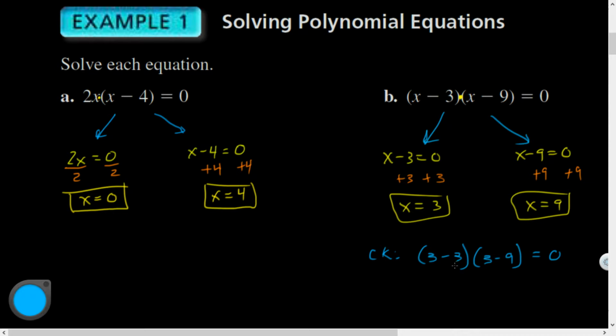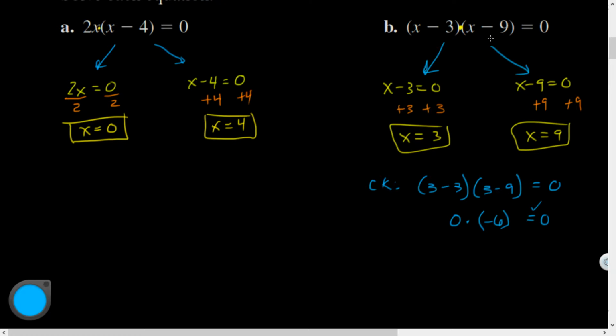What is 3 minus 3? That's the 0. So I was saying that this entire thing was equal to 0, not that x was necessarily equal to 0. x was just whatever number it took to make this set of parentheses equal to 0. And 0 times negative 6 is in fact 0. So that does work out. Good, that's a really good question. Thank you for asking that.